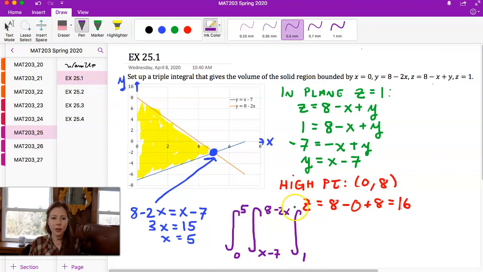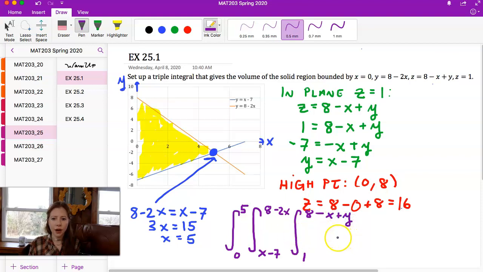And our maximum is going to vary depending on which x and y's we have. And so our maximum is going to be given by z is equal to 8 minus x plus y, which was given to us. So 8 minus x plus y.